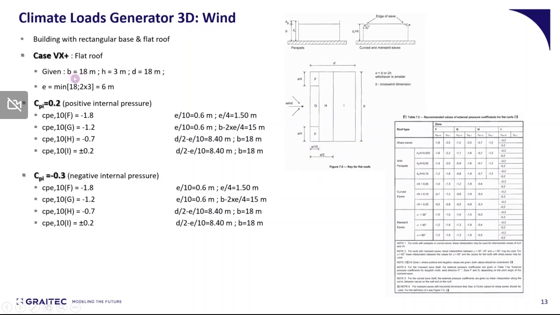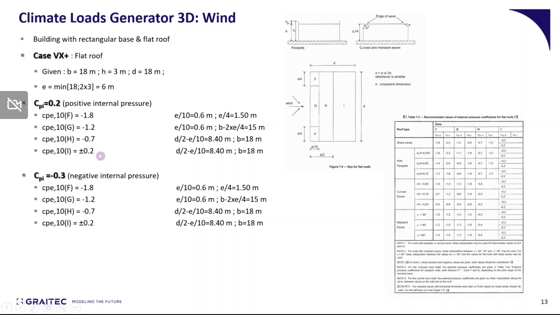Again, the parameters b, h, and d are defined, and there is a particular table where you can find the values of Cpe for each zone. Again, the different values of Cpi need to be taken into consideration, which means that different combinations have to be created in order to take into consideration these two values of Cpi.